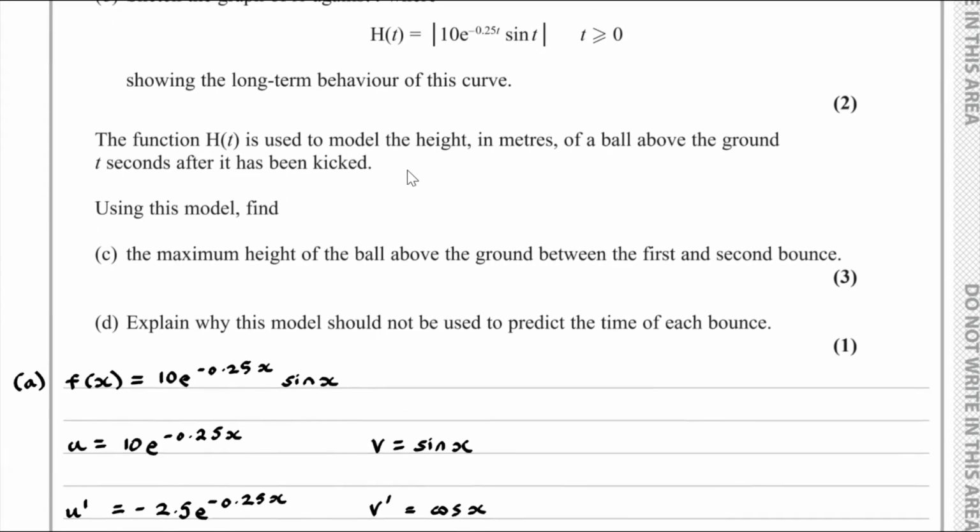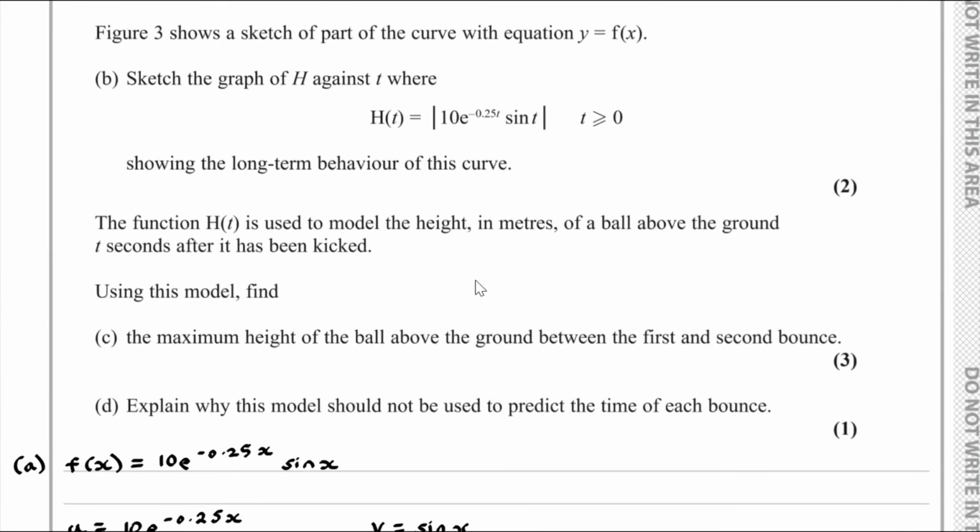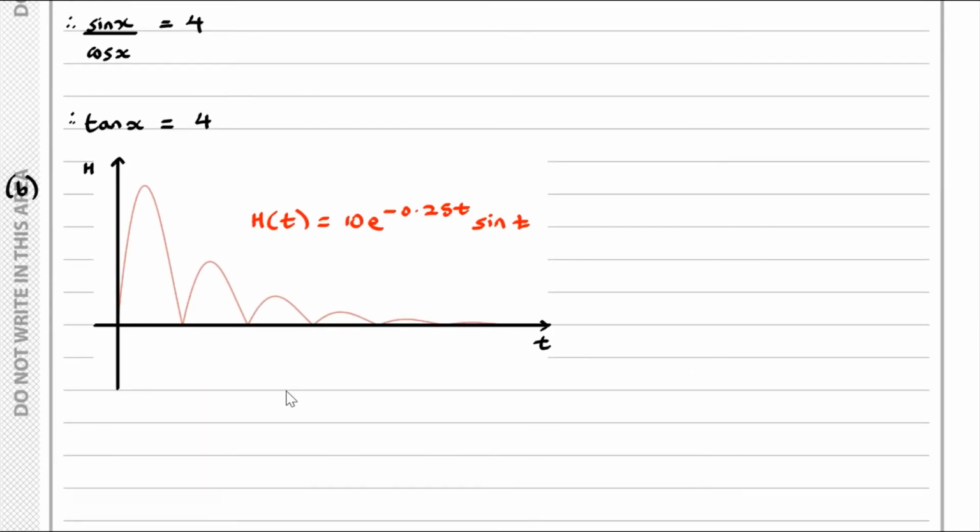Okay, so if we're looking at the height of the ball between the first and second bounce, so there's the first bounce, second bounce over here, we're looking at this over here. So here is our first bounce, here's our second, we're looking at in between that, so we're looking at this point over here, and we're looking at the maximum as well. That's why we take the peak of this second.